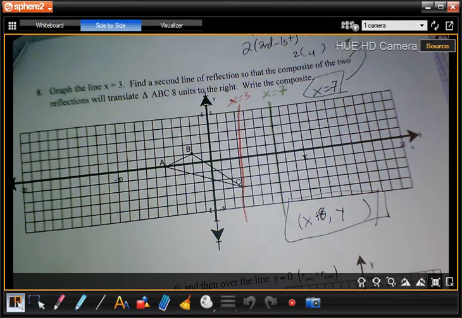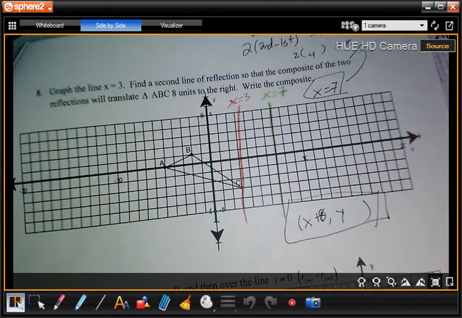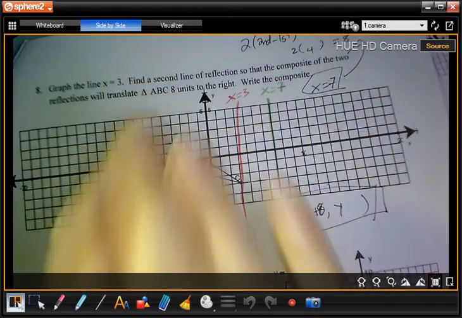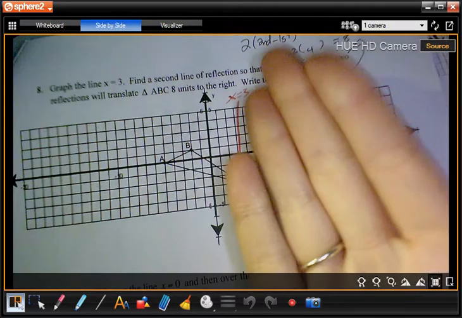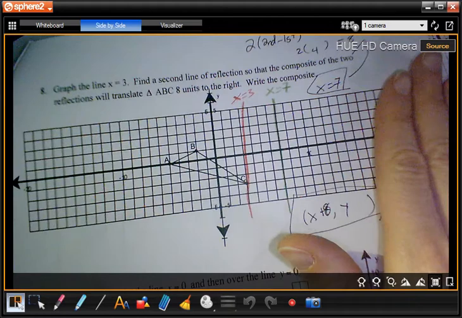Yes? So, which one are we doing? You reflect over X equals 3. Once you've done that new one, you reflect over X equals 7. And it will move 8 units to the right. If you reflect it over x equals 3, and then that new one reflected over x equals 7, it moves to the right.